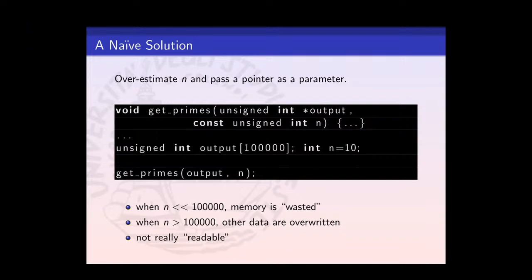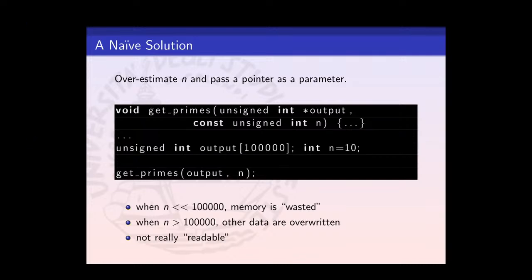A naive solution would be to overestimate the value n passed to the function and pass the array as a parameter. So in doing this, we basically need to pass as first parameter of our function a pointer to the array, which will contain the first n prime numbers.